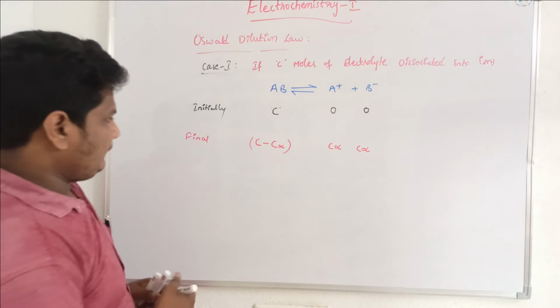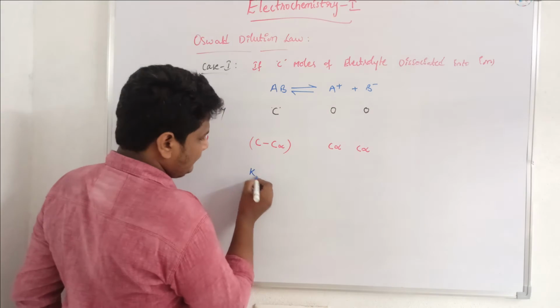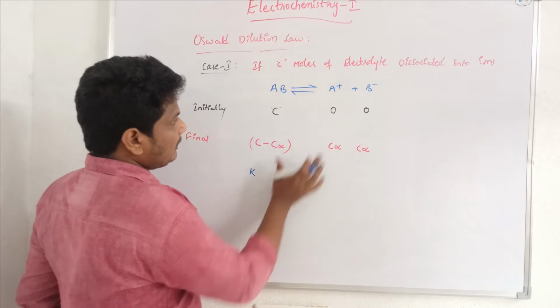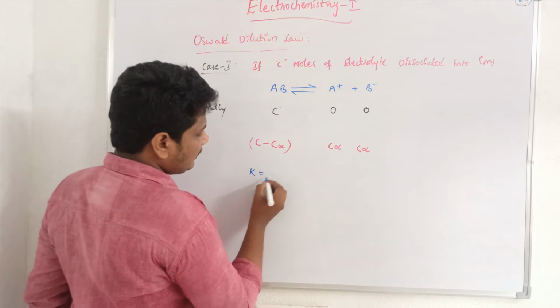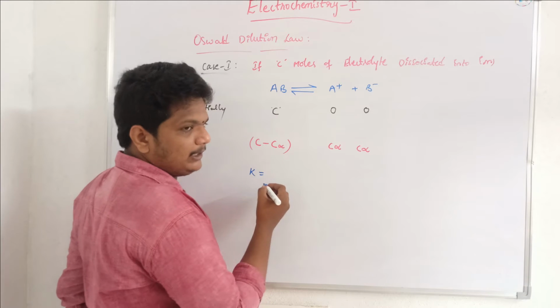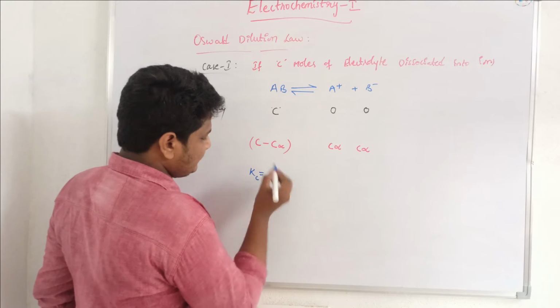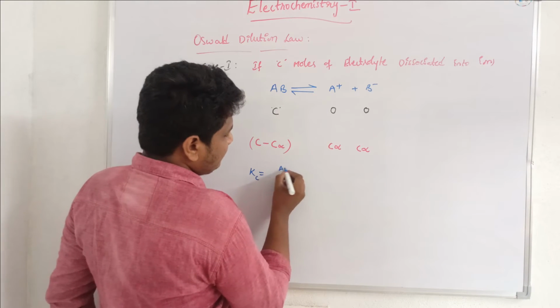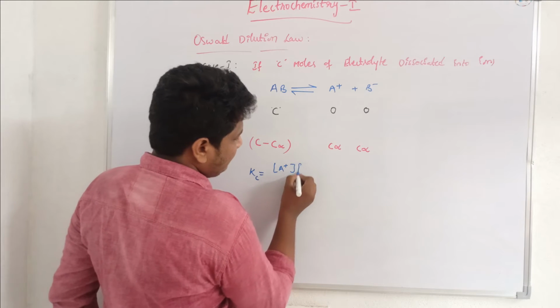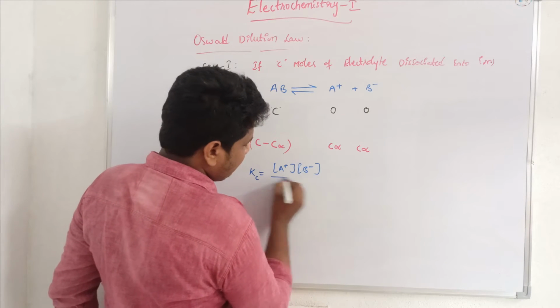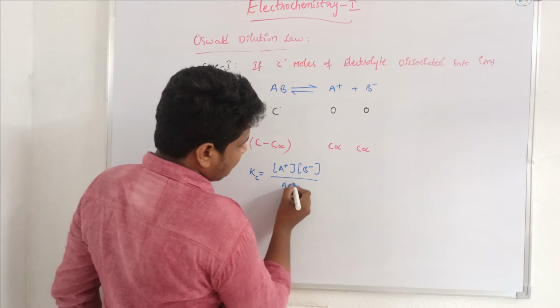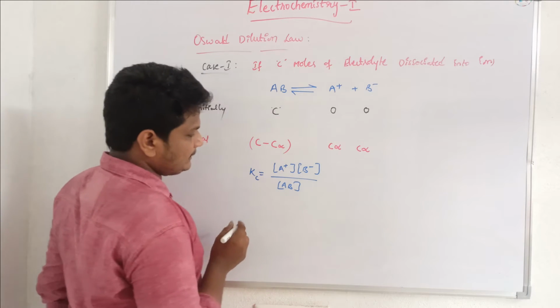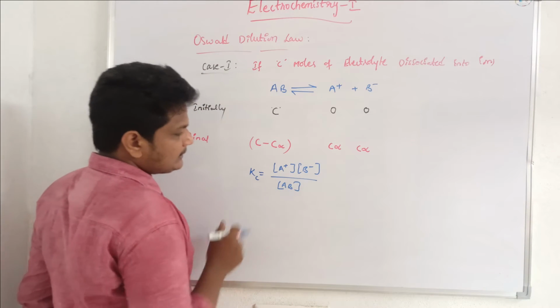According to the law of mass action, the equilibrium constant Kc is equal to the concentration of A plus ions times the concentration of B minus ions, divided by the concentration of the undissociated molecule AB.